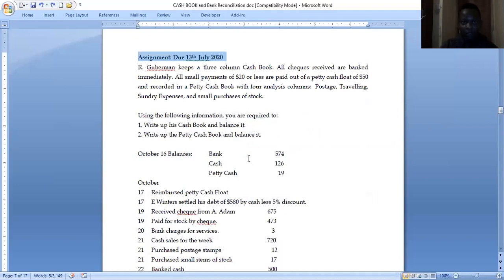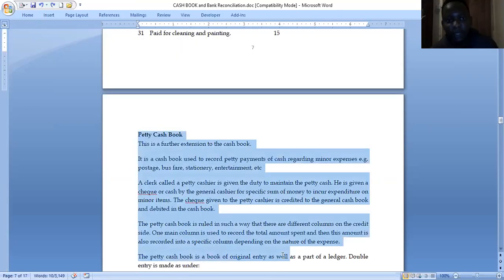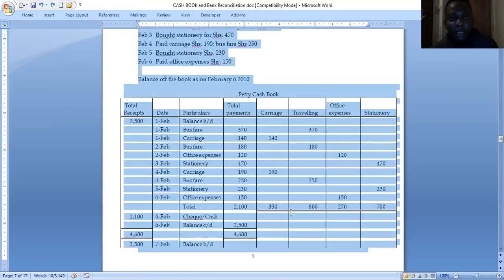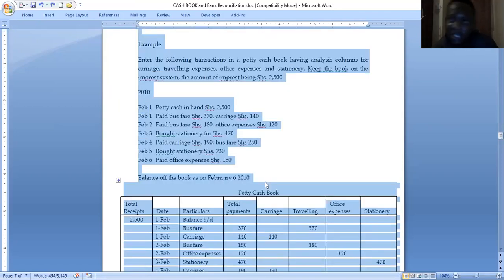This example also includes a petty cash book, so I may not be able to look at the petty cash book here, but these notes have been attached. Please look at the petty cash book. In case of any challenges with it, let's have a discussion on WhatsApp. In case you need me to further clarify, we shall have a live class for that.